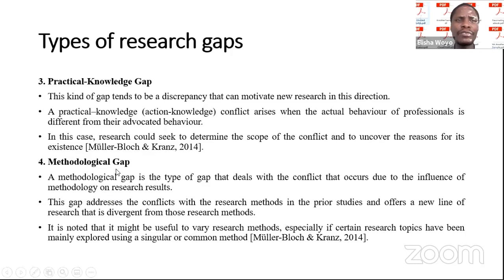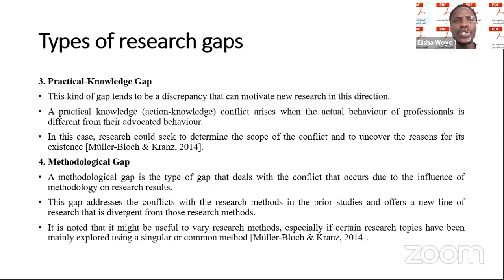So we also have the practical knowledge gap. This kind of gap tends to be a discrepancy that can motivate new research in a new direction altogether. A practical knowledge gap, or action knowledge conflict, is a situation that arises when the actual behavior of professionals is different from their advocated behavior.